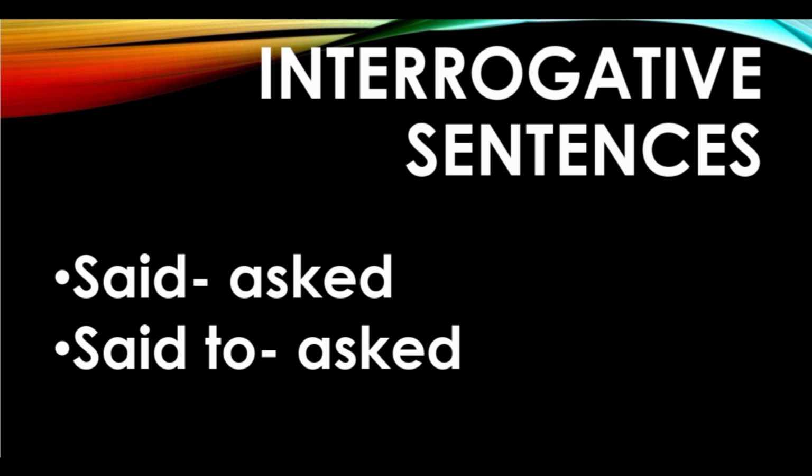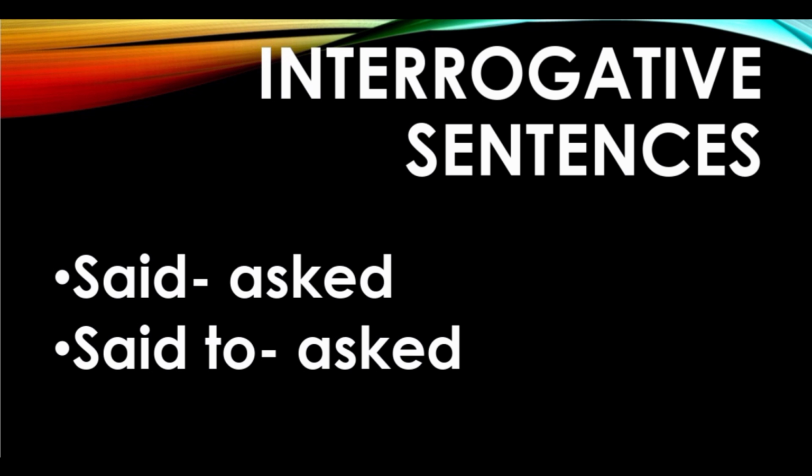When we are converting direct into indirect speech, for yes or no question, the connecting word is if or whether. For WH question, the connecting word is the WH word itself. For example, he said, "What is your name?" means the connecting word is what.